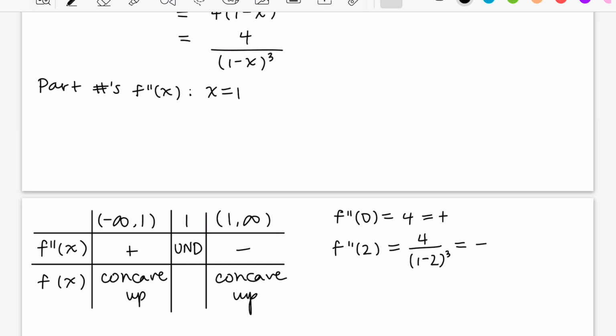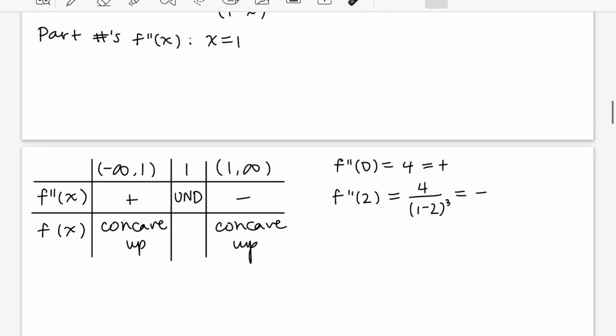Alright. Something else to know here is that we're not going to have an inflection point here. Sorry, this should be concave down. Since our second derivative is negative in this region, our function is going to be concave down.